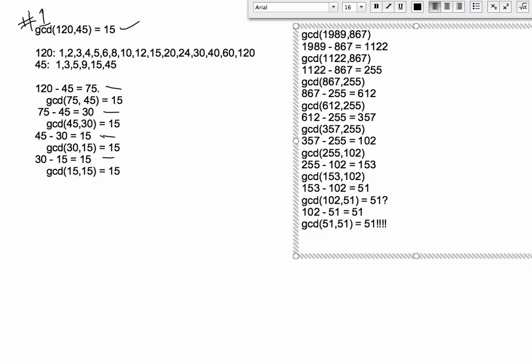Well, 1989 happens to be equal to 51 times, what is it? It's 39, sorry. If you check that, 50 times 39 is 1,950, and then 1 times 39 is 39, so I add 39 to that, and I get 1989. Perfect.